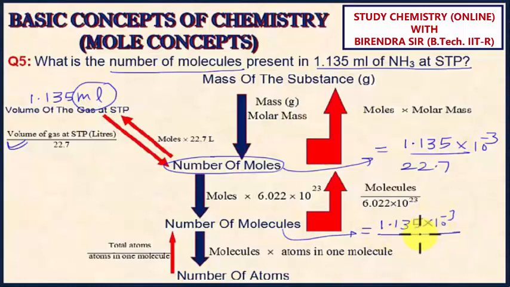So 10 raised to minus 3 upon 22.7 into 6.022 into 10 raised to 23. And if you solve this, the value comes as 3.011 into 10 raised to 19. So with the help of this chart, we can easily convert volume of gas at STP into number of molecules.